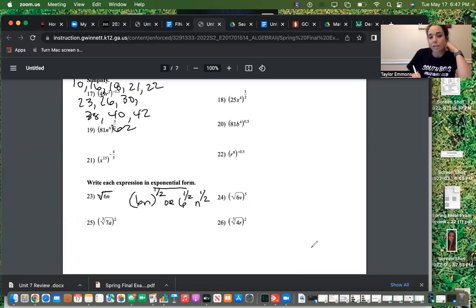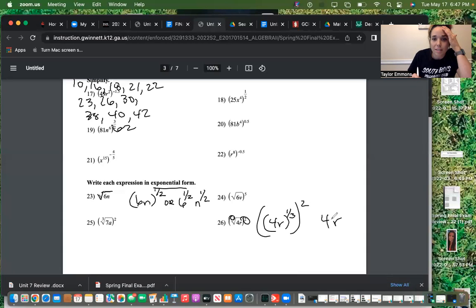I'm going to do 26 just to give you another example. So if I have this right here, I have a cubic root. That's the same thing as taking something and raising it to the 1/3 power. But remember, we've got to square it out here. So we've got a power raised to a power.